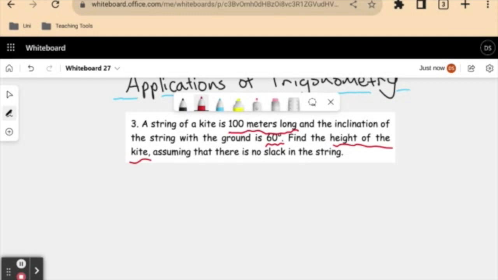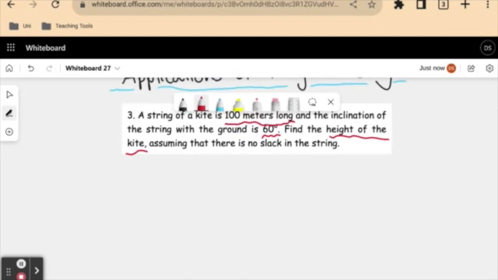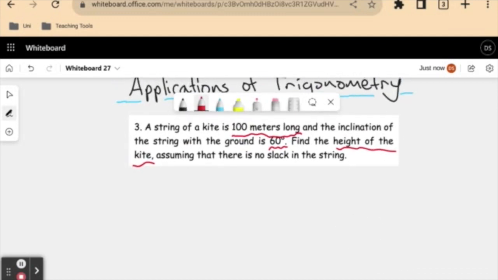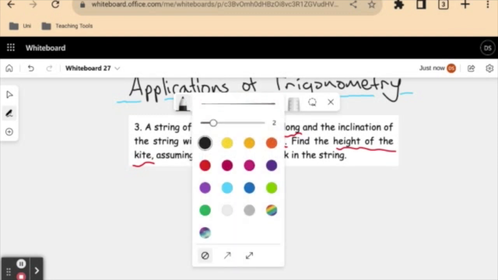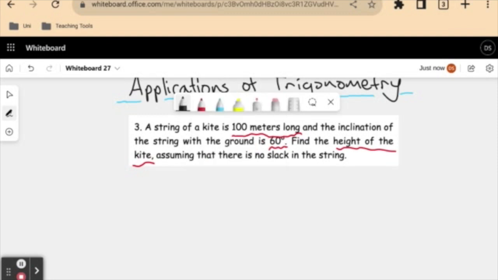In approaching these worded questions, especially in trigonometry, the best thing I can advise is to draw a picture first. Say I'm flying a kite, right? I'm going to draw myself.